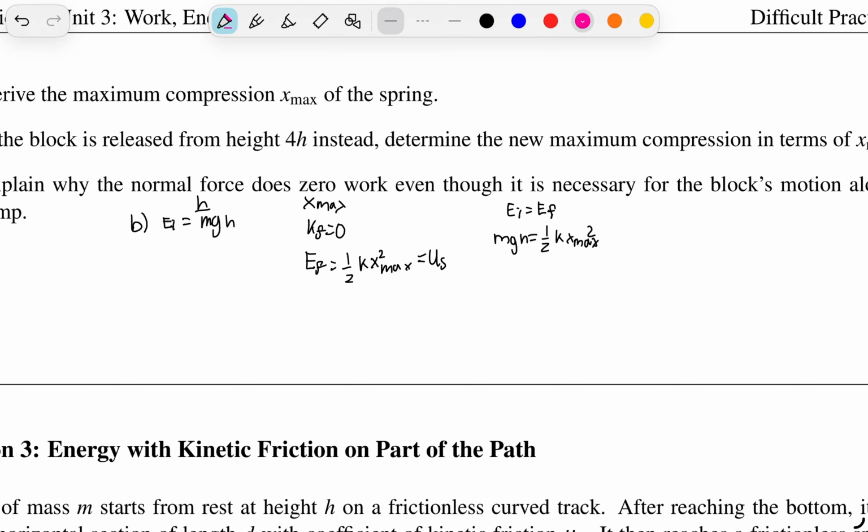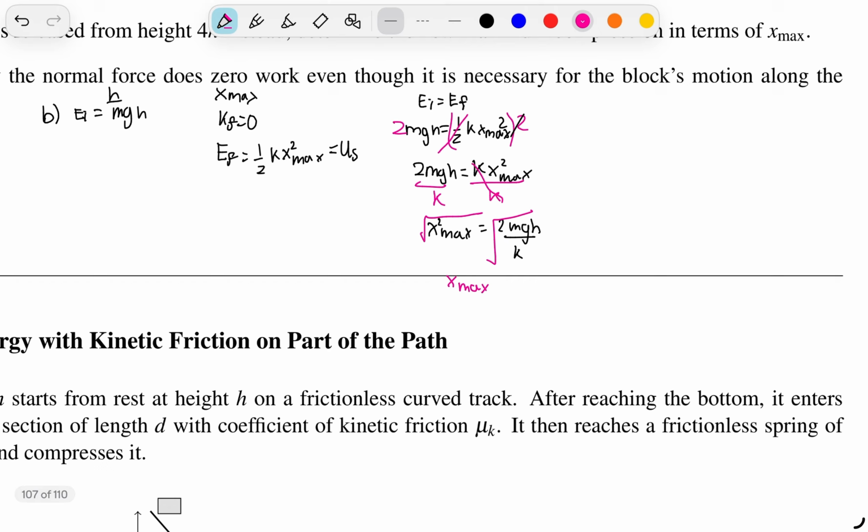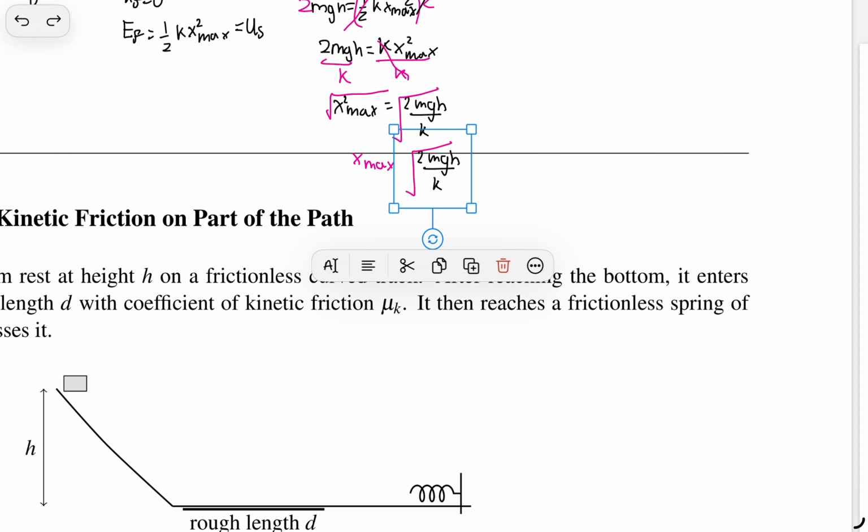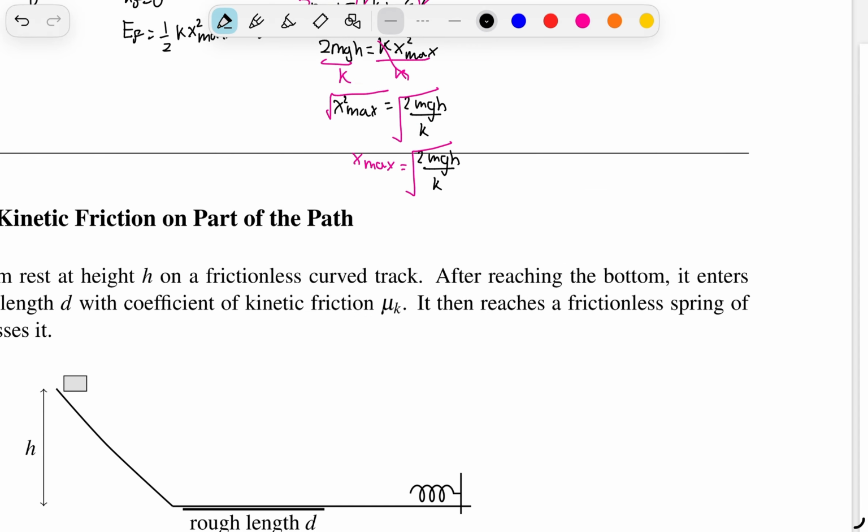Multiply both sides by 2, and you have 2mgh is equal to kx squared max. Then divide both sides by k, and you get x squared max is equal to 2mgh over k. Take the square root of both sides, and you get that x maximum is equal to this expression here. So that is your X max.